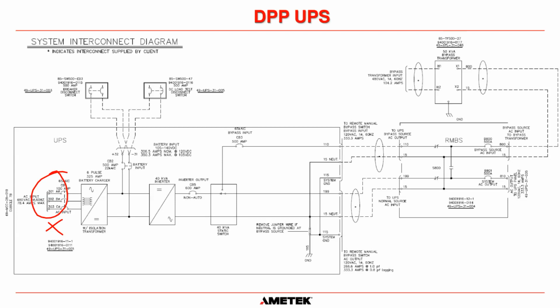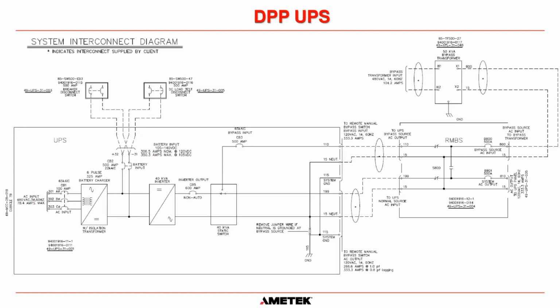Okay. Once again, for this system, this is a much bigger kVA size system. So now the battery input cable has to be able to handle at least 350 amps. So you're getting into either very big cables or you have to run cables in parallel for this particular connection.